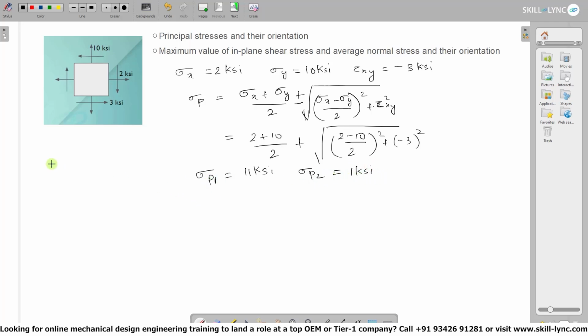Our next step is to determine the angle of orientation. For that, we know the formula tan 2 theta p is equal to tau xy divided by (sigma x minus sigma y) by 2. By substituting the given values here, we get 2 theta p as 36.9 degrees.